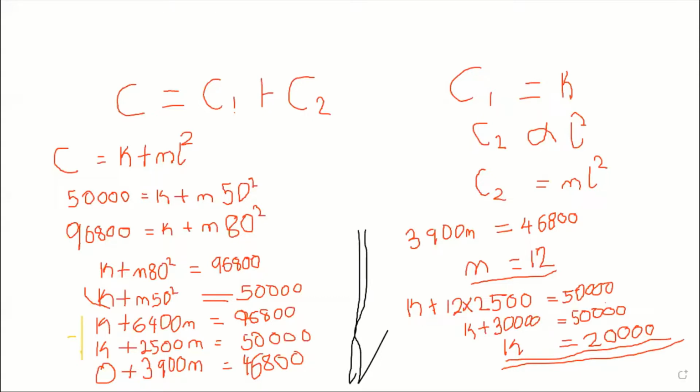So we substitute these values into this equation, which is C is equal to K, which is 20,000, plus M, which is 12, L squared.